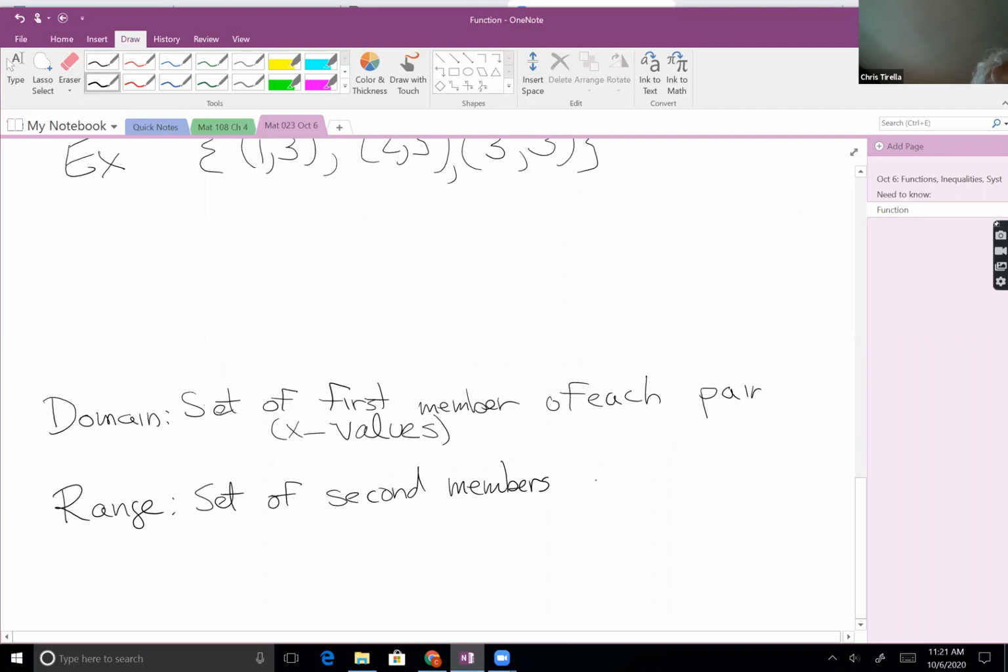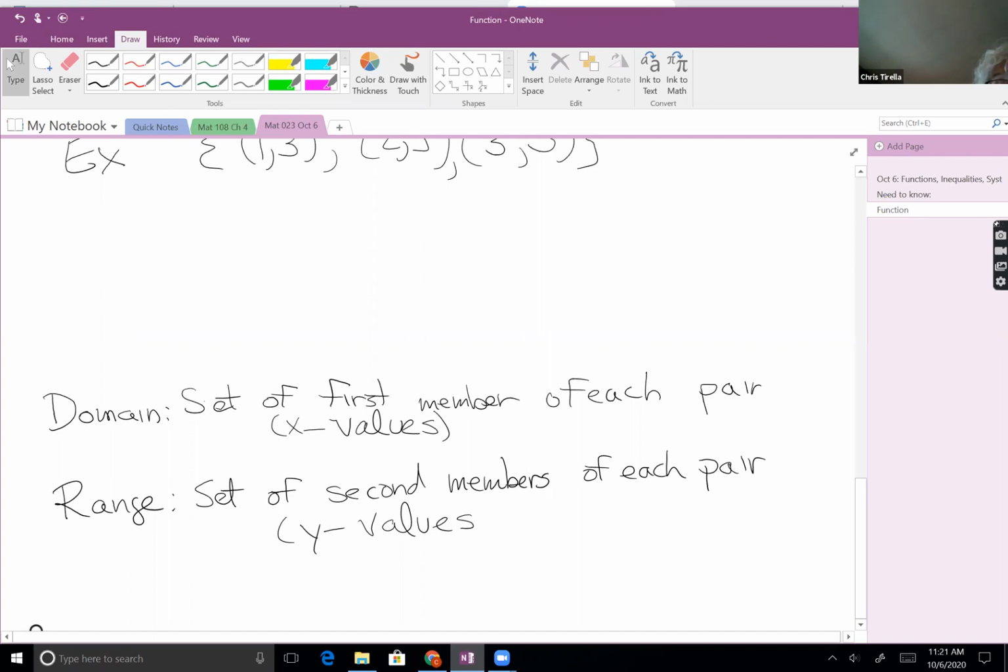Of each pair. And some people like to look at the range as being the Y values. I know sometimes I was always the student that would get words confused.